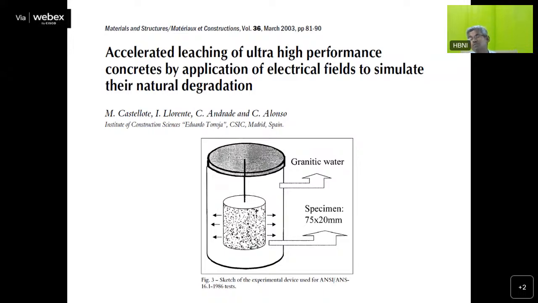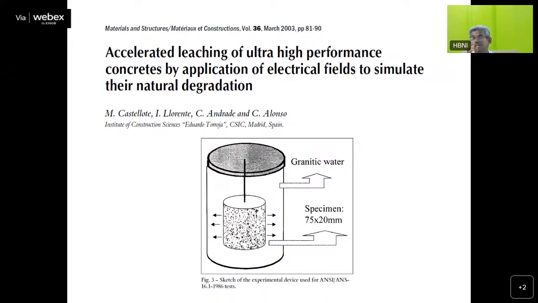Nobody can measure any property change after 100 years, because we cannot wait till that time. The same is valid for radioactive waste immobilized glasses, because we want the glass to be stable for more than 100 years. We cannot predict what will happen after 100 years, so we need to do accelerated testing. We create an environment which can create problems for the material, so that it can decay or undergo leaching.